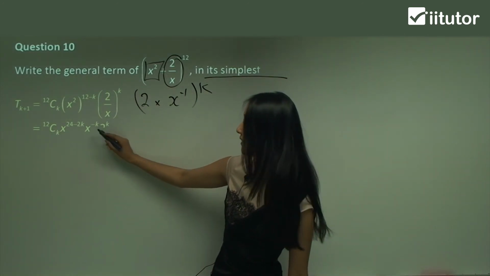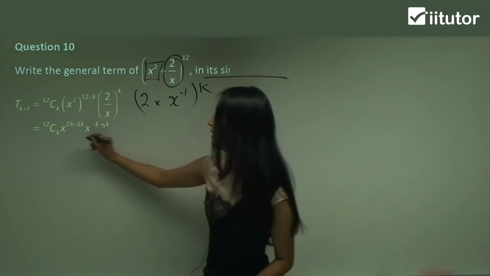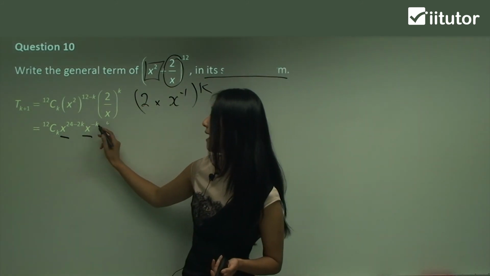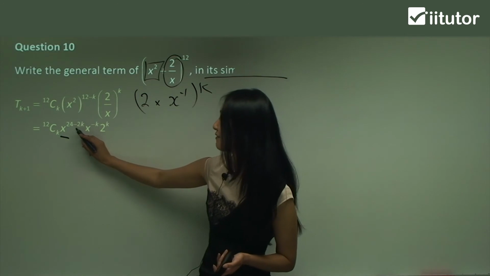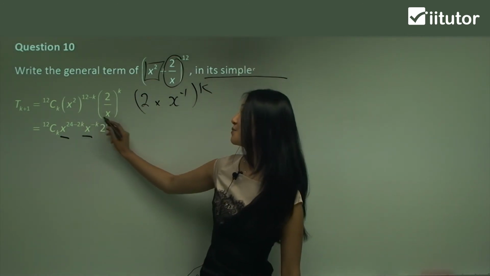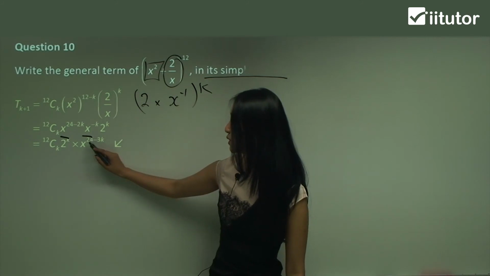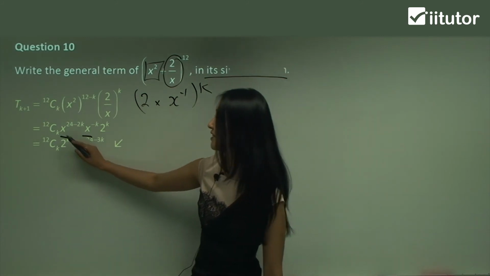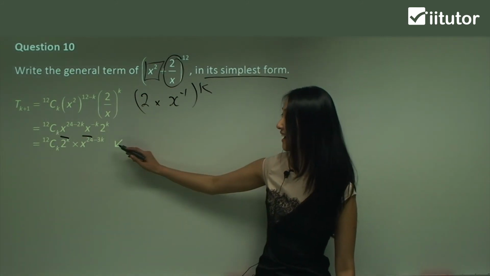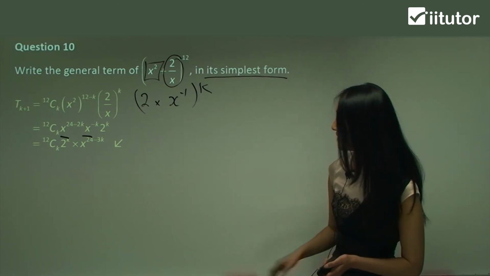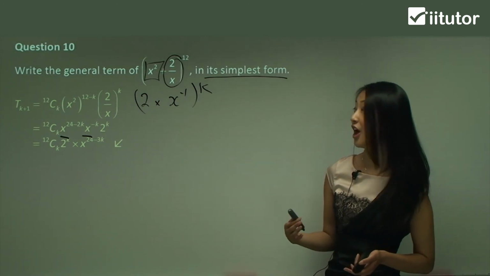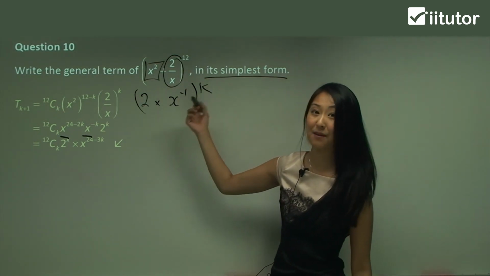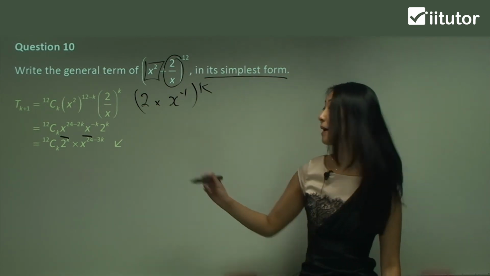Now you can see that this x and this x is a common term, which means we can add the indices together. So you have 24 minus 2k, subtracting another k, gives you 24 minus 3k, multiplied by 2 to the power of k, and you can just write that in front. So this here is that simplified. Just note to yourself that whenever you write the general term, and you can see that these two terms have the same x or the same a or something, you know you can simplify it by putting it together.